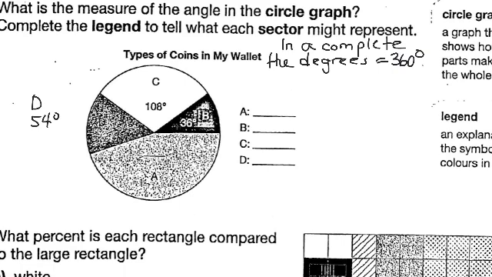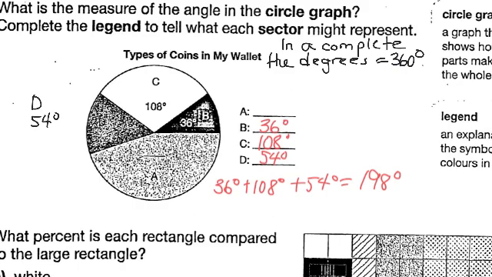So we know in sector A, we don't know anything about it. We'll figure that out. Sector B is 36 degrees. Sector C is 108 degrees. And sector D is 54 degrees. So if we take 36 degrees plus 108 degrees plus 54 degrees, and we add all that up, we'll find out that we have 198 degrees so far.